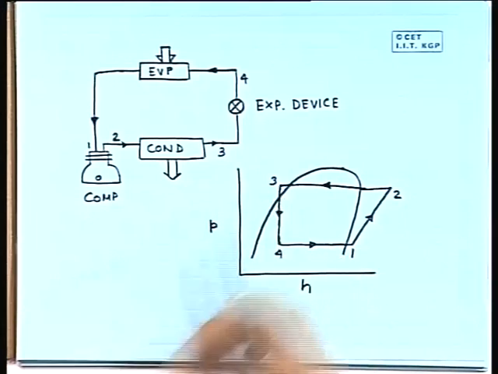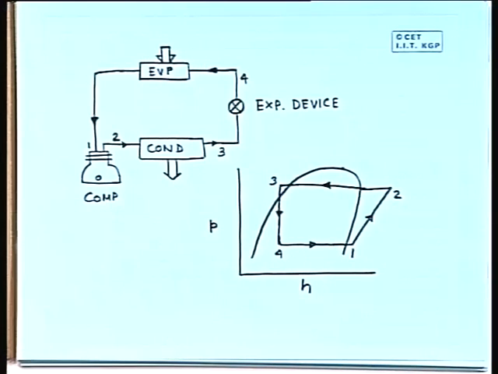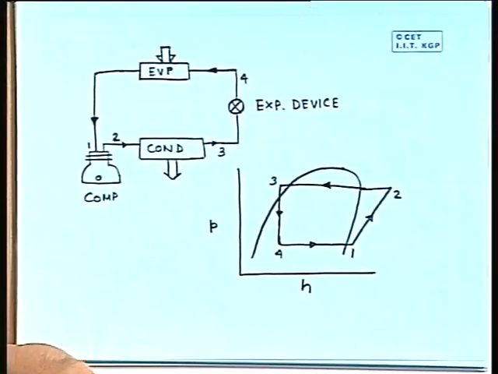So, the subcooled liquid then will go through the expansion process. Initially, when the liquid is entering the expansion device, it may be in the subcooled condition, but then Joule-Thomson expansion will take place and it will come out as a two phase mixture.